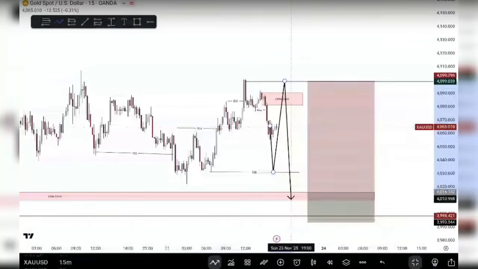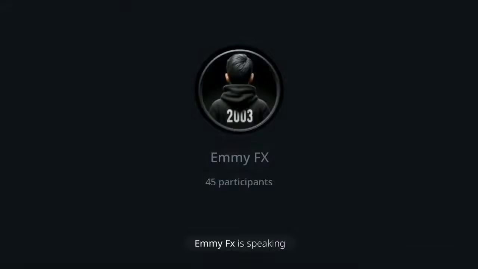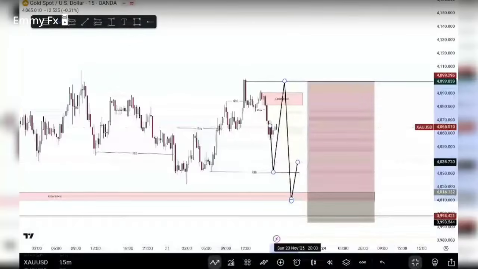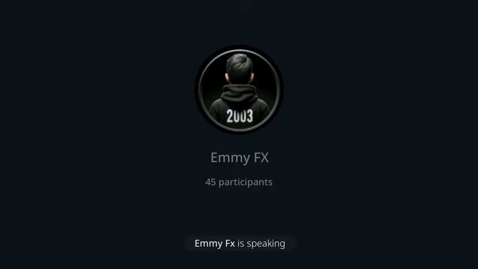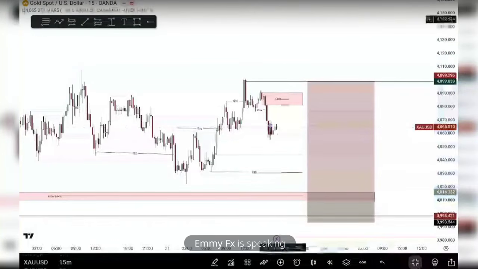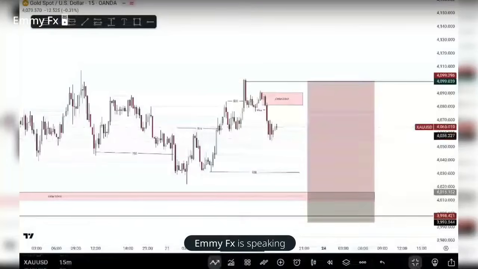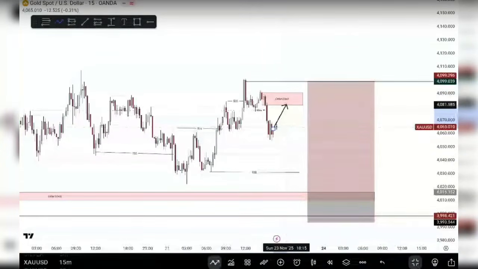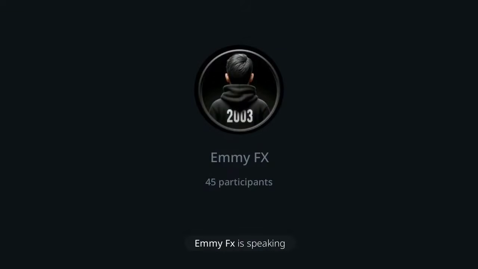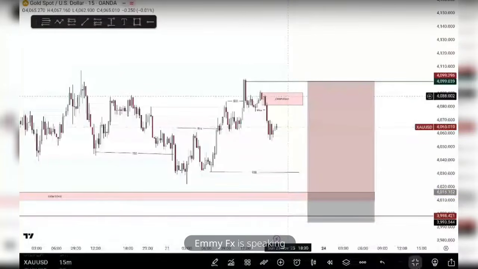Now, price could also immediately reverse and tap in from this order block. If you want to take this trade, you will be looking for this order block to tap and move to the downside before this buyer.